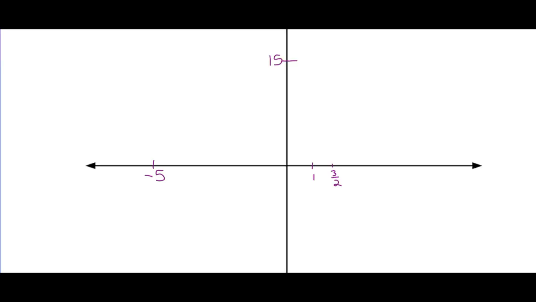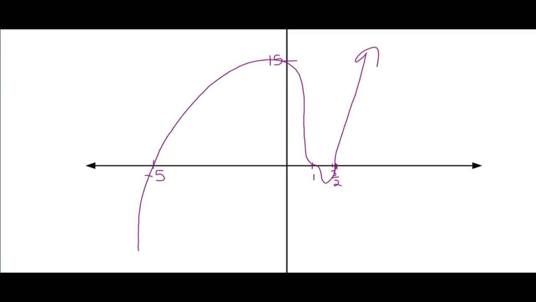We know it goes from Q3, down in Q3, so it's here. Comes up, comes back down with a multiplicity of 3 here, and then goes through 3 halves. Okay, arrows on both ends, that's the shape, right? So indicate this here, right? Multiplicity of 3.